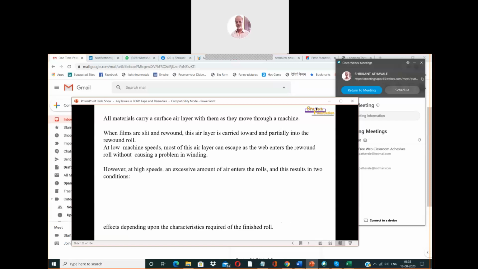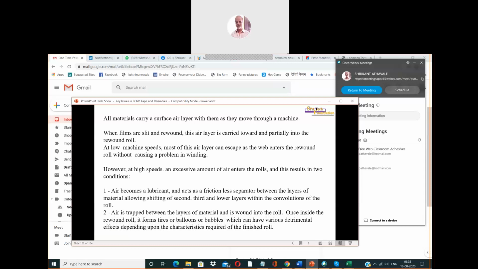However, at high speed, an excessive amount of air enters the roll and this results in two conditions. Number one, air becomes a lubricant and acts as a frictionless separator between the layers of material, allowing shifting of second, third, and lower layers within the roll.